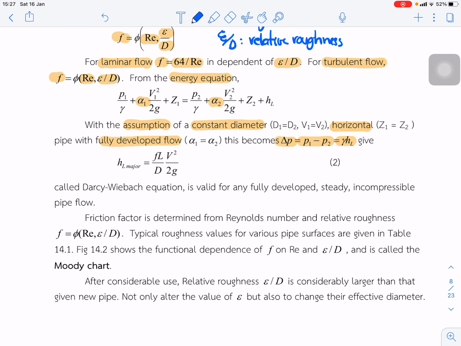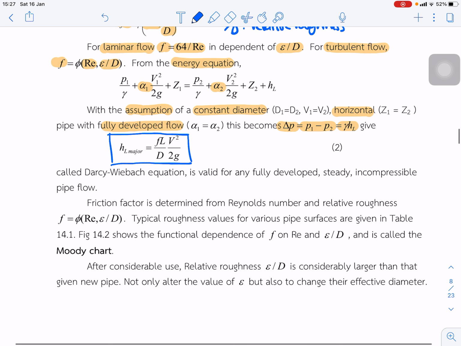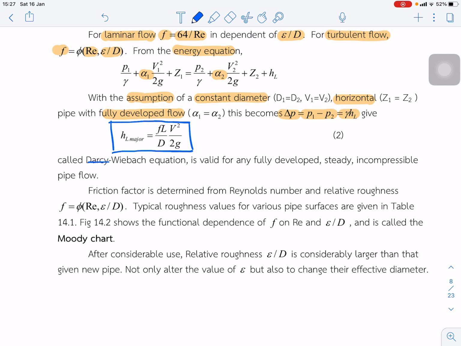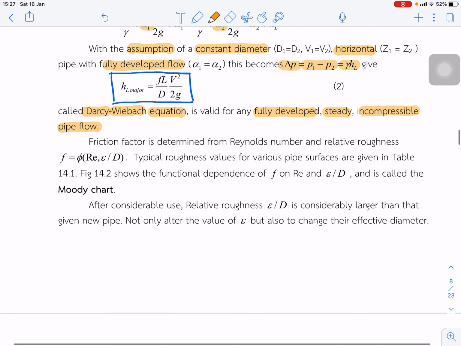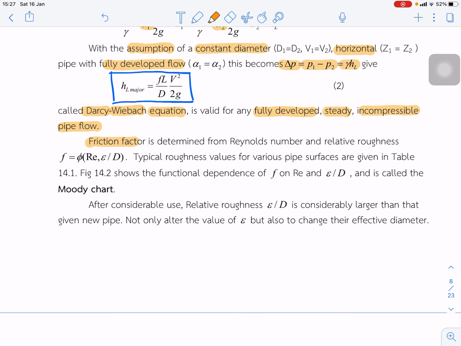So we can write the equation for head loss: h_L is equal to f L over D times V squared over 2g. This is called the Darcy-Weisbach equation, valid for fully developed steady incompressible pipe flow. And the friction factor f is determined from the Reynolds number and the relative roughness.